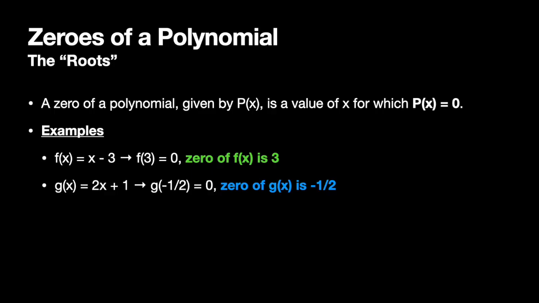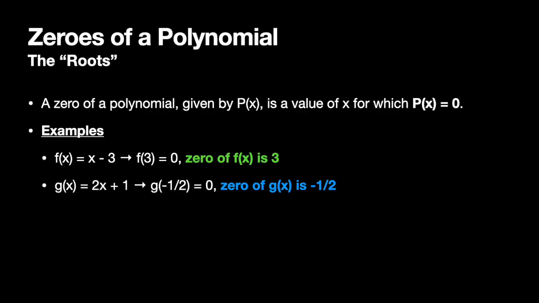Now let's look at what the zeros of a polynomial are, which we also call the roots in terms of quadratic polynomials. So the zero of a polynomial given by p of x is a value of x for which p of x is equal to 0, so where the polynomial equals 0.